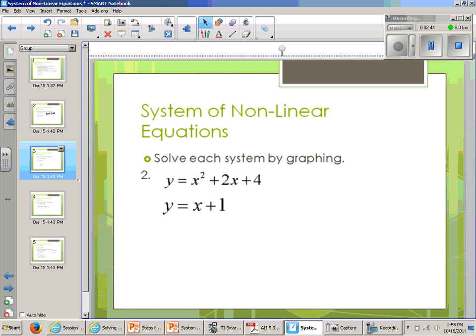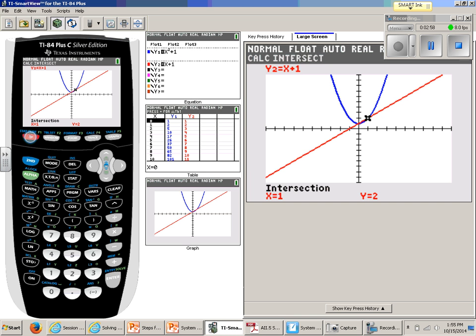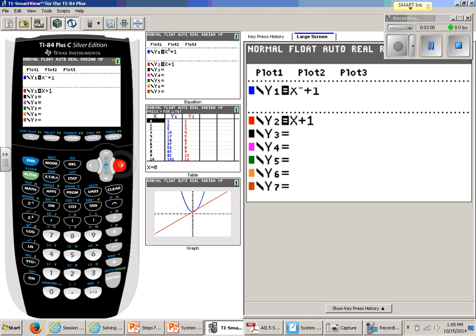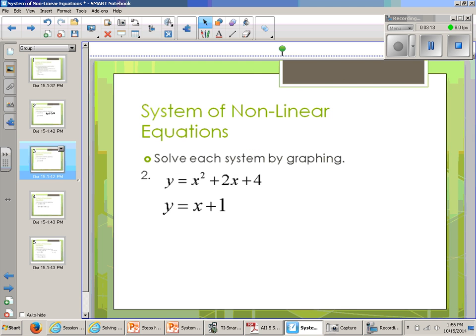So let's look at another problem. This time we have y equals x squared plus 2x plus 4 and y equals x plus 1. Again, we have another quadratic, that will look like a U, and we have another linear, so we'll have a line. So x squared plus 2x plus 4 and x plus 1 again.